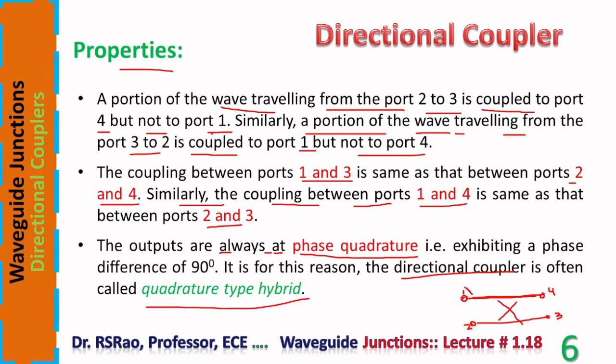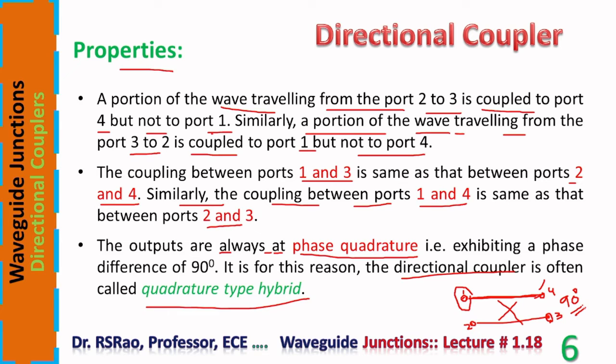Now, input is given at port 1, output is majority at 4, usually a small portion at 3. So, 4 and 3 can be considered as the output ports. The outputs at ports 4 and 3 have a constant phase difference equal to 90 degrees. It is always 90 degrees.